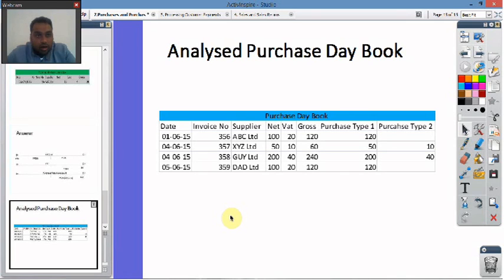Our normal cars that we sell day to day could be purchase type 1. So this is the purchases that we made for purchase type 1. And then say we had sports cars. This is the £50 altogether that we spent on sports cars. This is the way that you can analyse your purchases to see extra information that you need, which is basically an analysed purchases daybook.